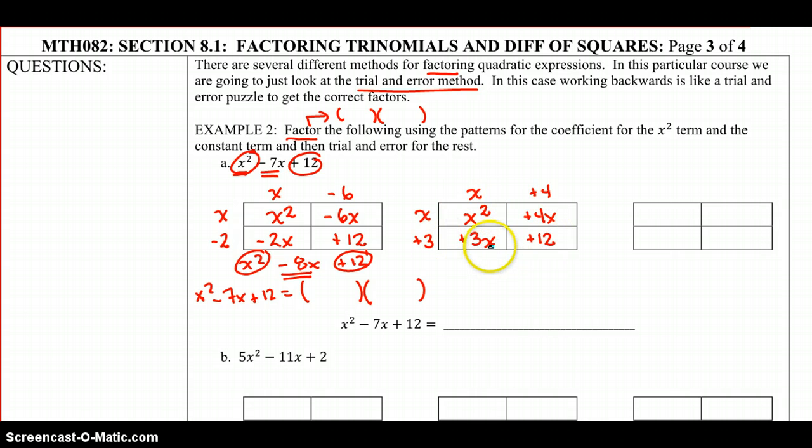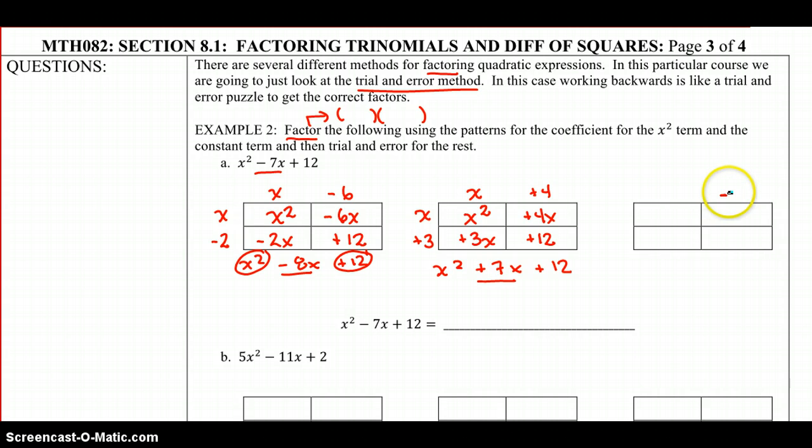And when we combine like terms, we're going to get x squared plus 7x plus 12. Okay. So now if we compare that, here's our x squared, but now this has a subtract 7x and this has an add 7x. Okay. So not quite, just off in sign.